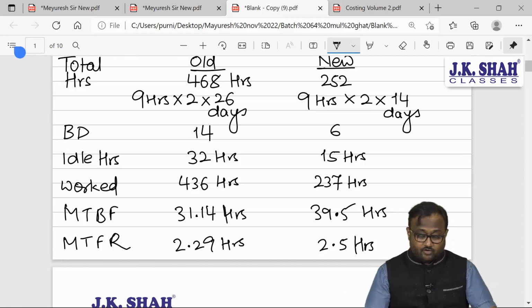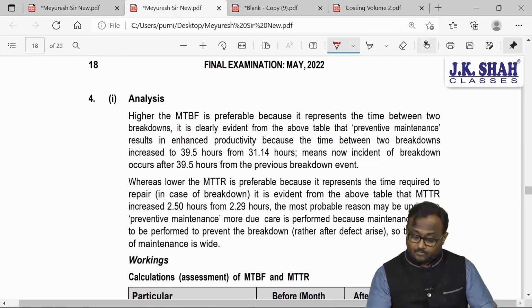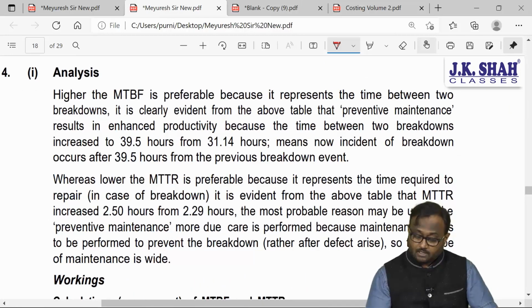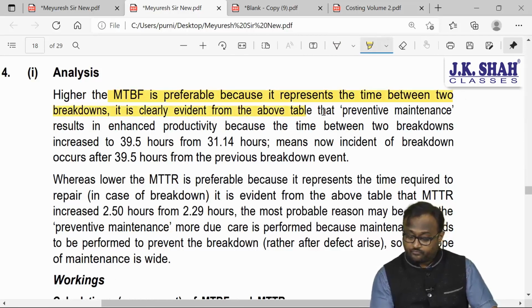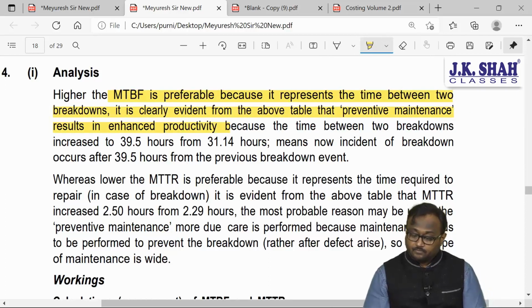Now what are we trying to say? See, higher mean time is because of preventive maintenance. Time between two breakdowns has increased to 39.5. Now incidence of breakdown will come after 39.5 instead of 31.14.